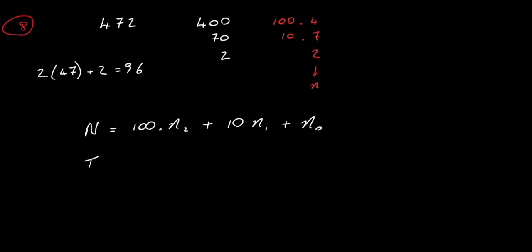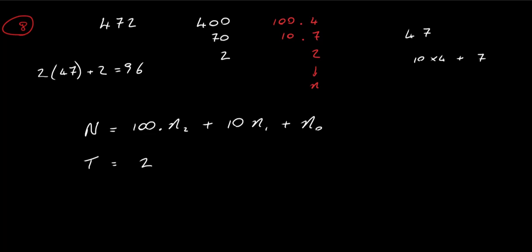So let's look at our test number then. How did we work out our test number? Well, we took twice this 2-digit number here, and we added this number here. Now remember, this number here is not 100n and 10n if we take it as a two-digit number. For example, if we take 47 as a two-digit number, that's just going to be 10 times 4 plus 7 times 1, if you like.